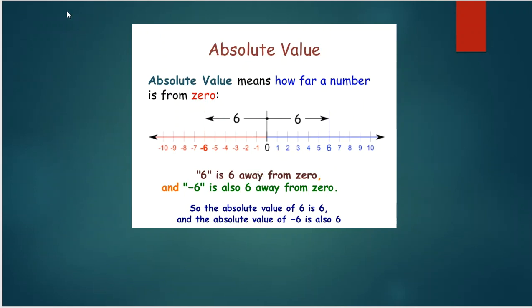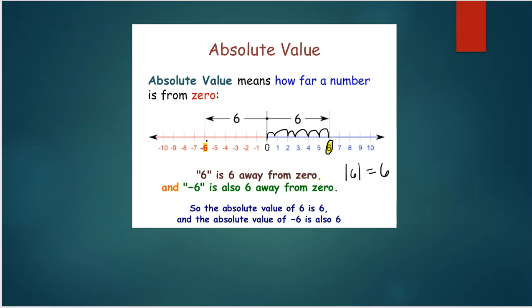If we look at these two numbers right here, 6 and -6, we can see that 6 is 6 spaces away from 0 on the number line. 1, 2, 3, 4, 5, 6. If we were to count the spaces, 6 is 6 spaces away from 0. So the absolute value of 6 would be 6.